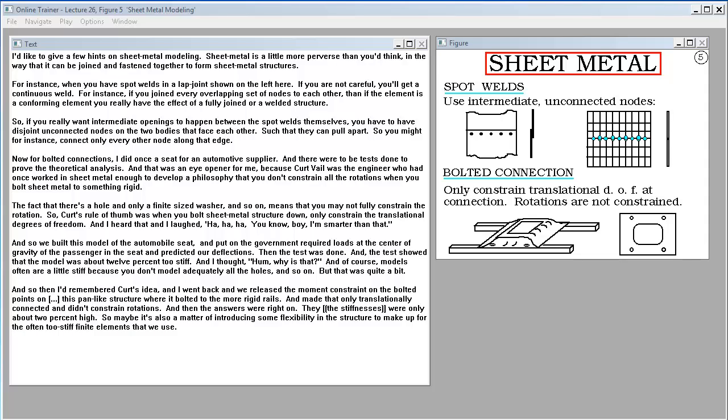The fact that there's a hole and only a finite sized washer and so on means that you may not fully constrain the rotations. So Kurt's rule of thumb was when you bolt sheet metal structure down, only constrain the translational degrees of freedom. And I heard that and I laughed, ha ha ha, you know, boy, I'm smarter than that.